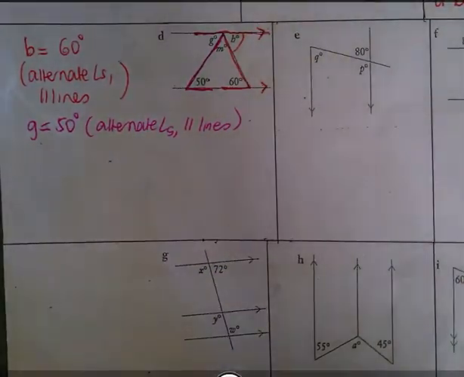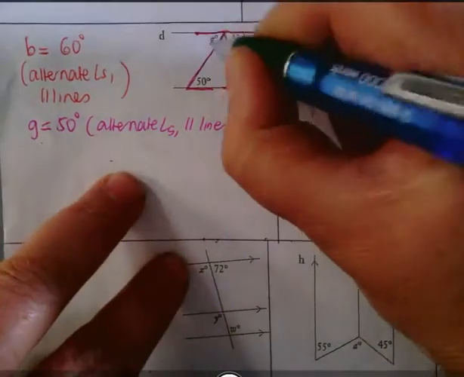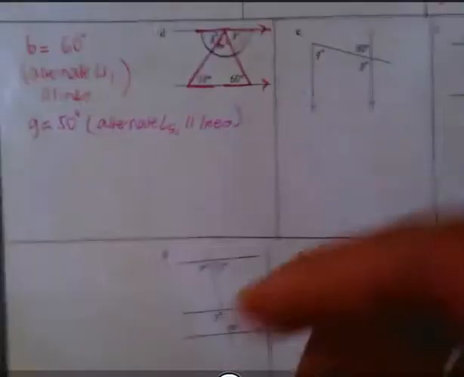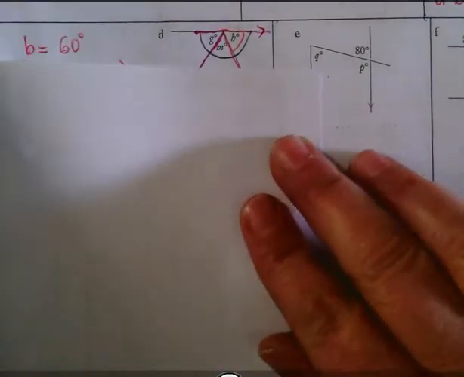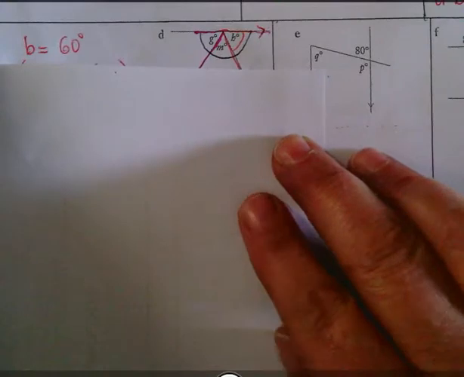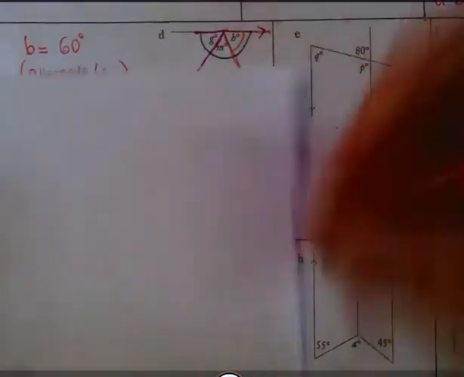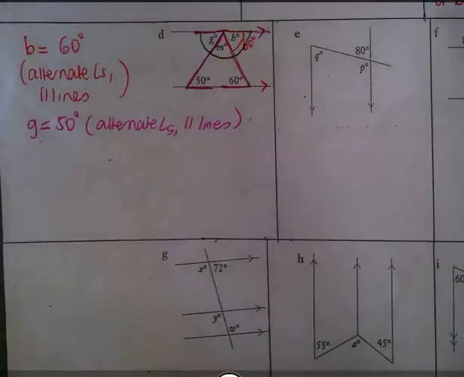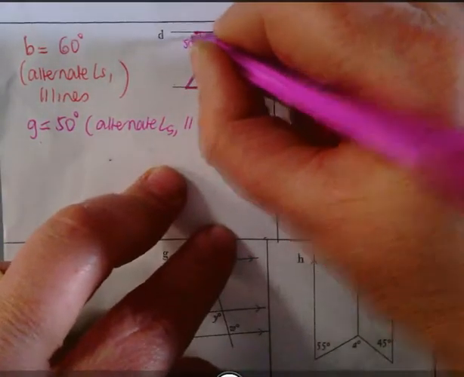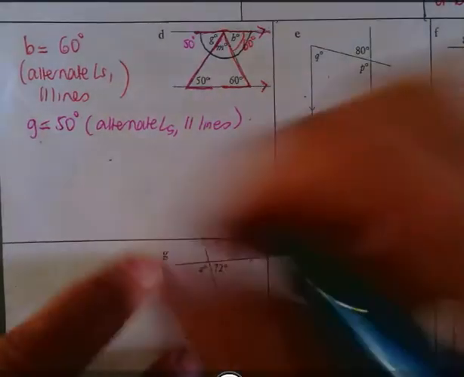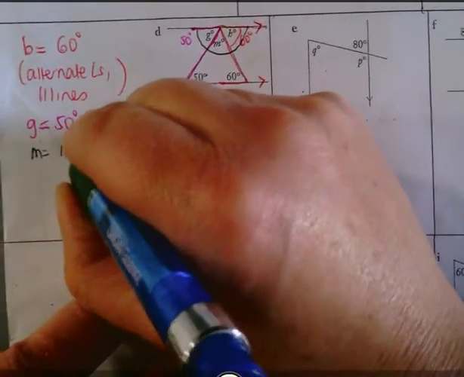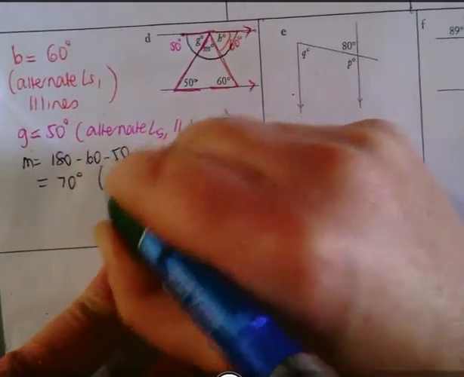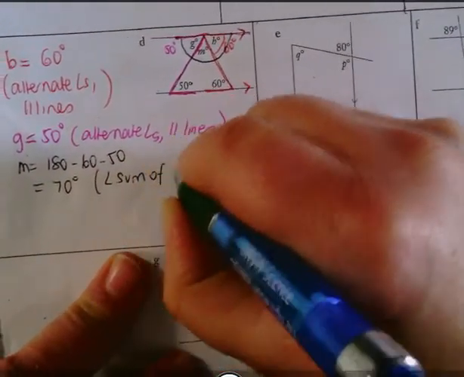And now we need M, and we can see that G, M, and B all form a straight line. I know that B is 60, and I know that G is, from what we just did, 50. So we know that M is 180 minus 60 minus 50, which is 70 degrees, and that is by angle sum of straight line.